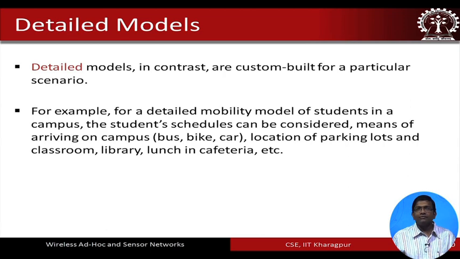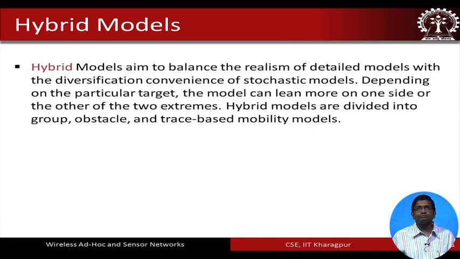So, all of these different entities can be considered, and how the students are going to move around these different entities in a particular scenario are all captured in detail in these classes of mobility models, the detailed mobility models.